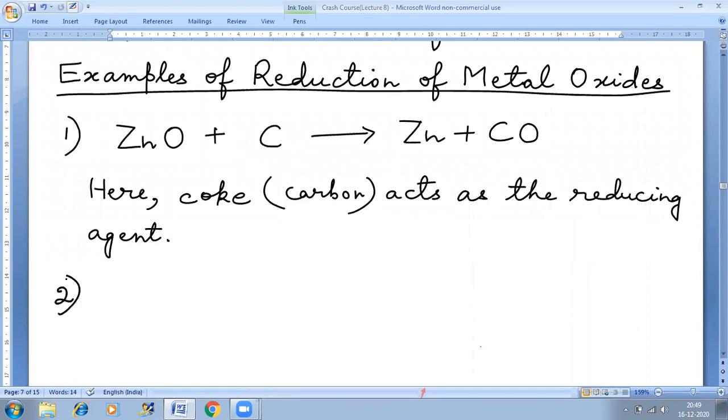Second one, Fe2O3, let's say we have Fe2O3 plus again carbon.